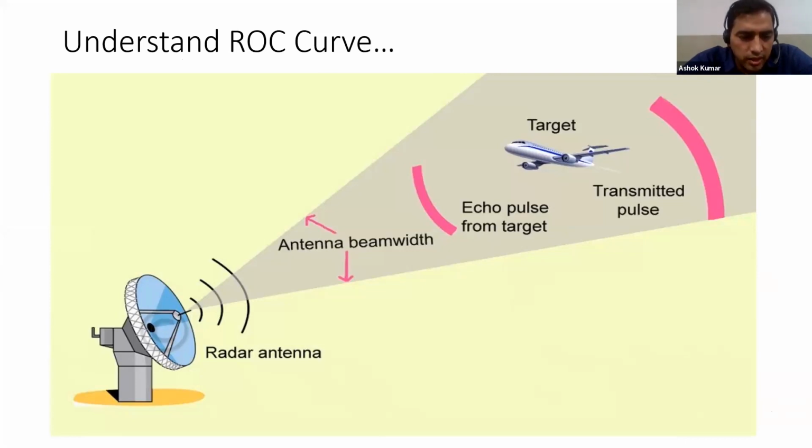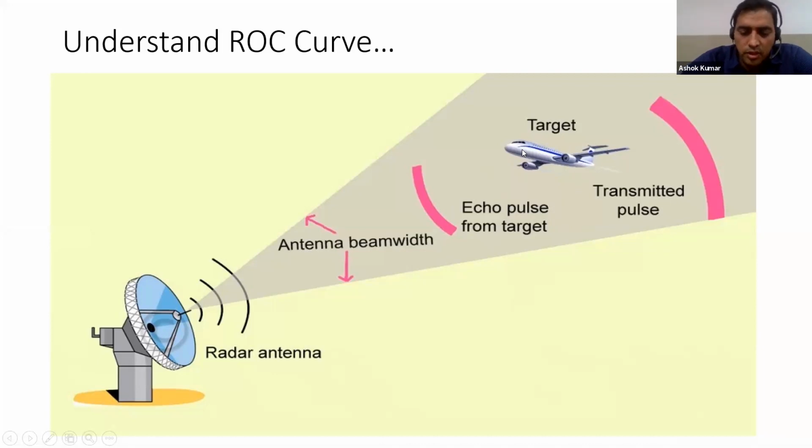This is a radar and this is one object, a target. Is it our own or is it an enemy? We have to decide: it is our own craft or it is an enemy craft. So this radar judges this target.